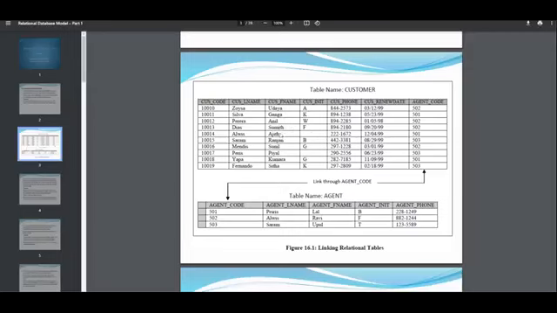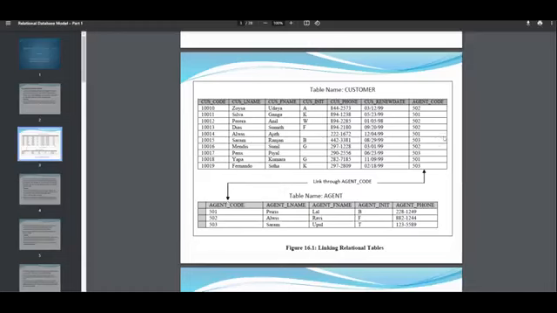Okay, now two tables can be found here, and these two have different fields, and these two tables have a relationship.